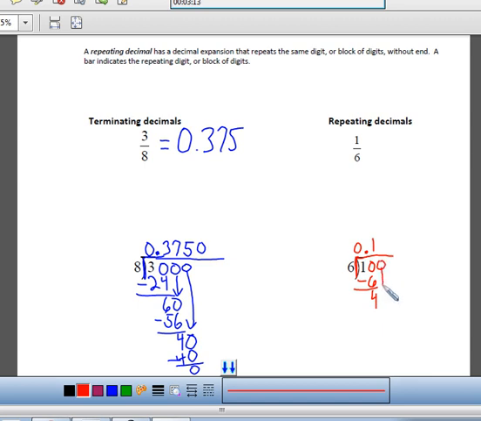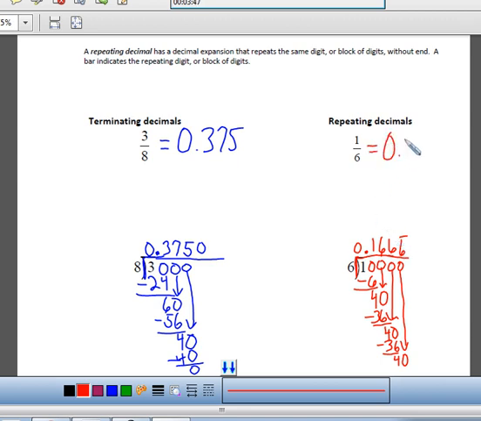Add on a 0, bring it down. 6 goes into 40 6 times. That's 36. Minus, you get 4, add on another 0, bring it down, and look what happens. 36, and it's continuing. So no matter how many times we do this, we're always going to end up getting 40, and 6 goes into 40 6 times, so we've got that repeating 6.